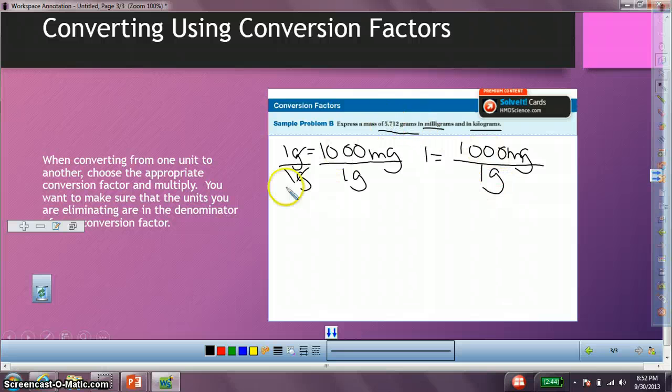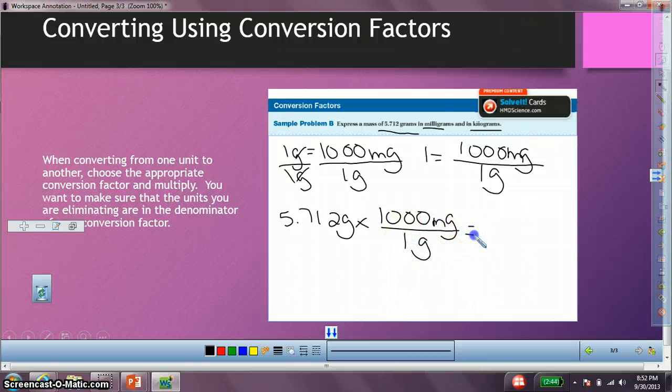We're going to take our original quantity of 5.712 grams and multiply it by this conversion factor, 1,000 milligrams in 1 gram.